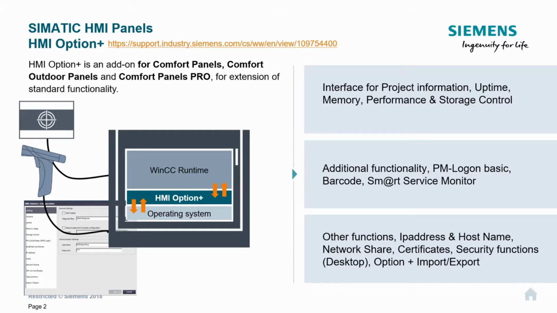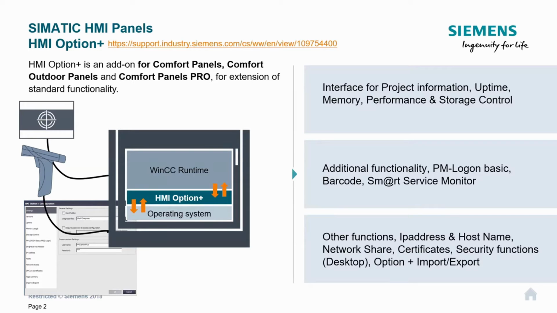And on here, this gives us a configuration console where we can set some of these options up. We'll see there it allows us to also connect things like RFID readers and barcode scanners and be able to bring those directly into the runtime without any scripting requirements and things like that.